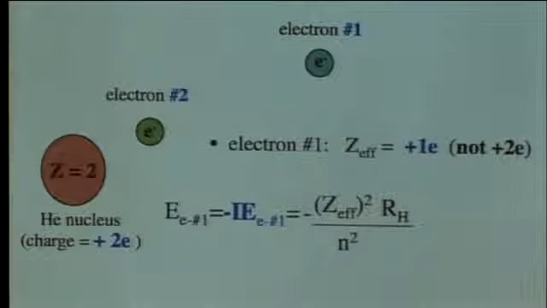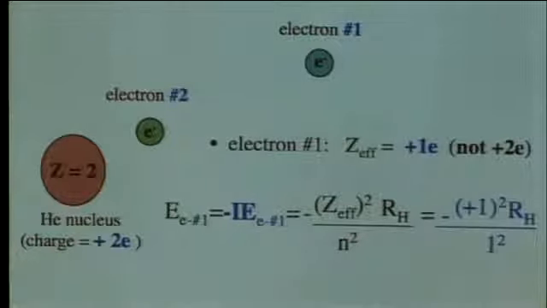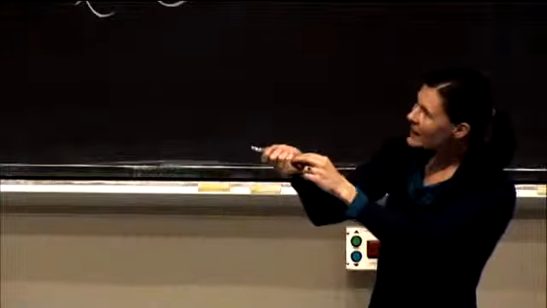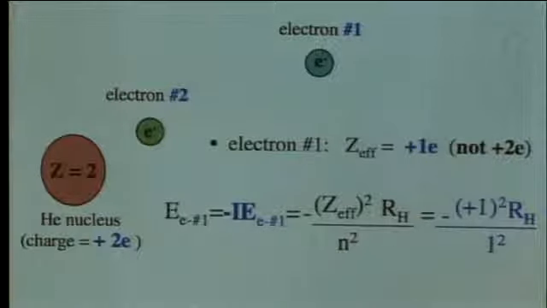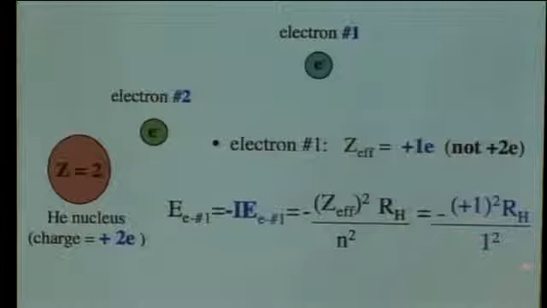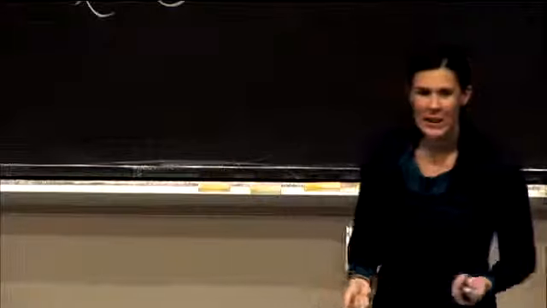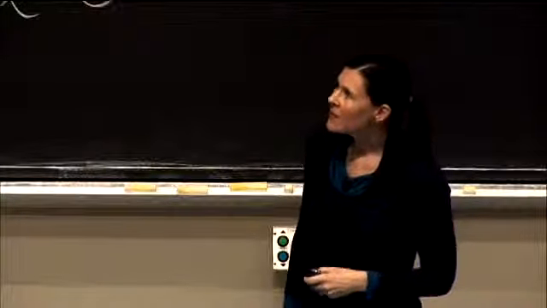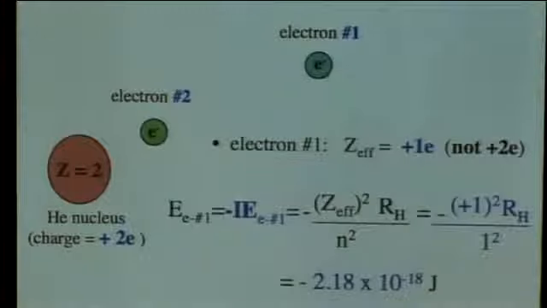So let's plug in these values and see what we would expect to see for the energy. So it would be -1 squared times RH all over 1 squared, since our Z effective we're saying is 1, and n is also equal to 1 because we're in the ground state here. So we're talking about a 1s orbital. So if we have a look at what the answer would be, this looks very familiar.